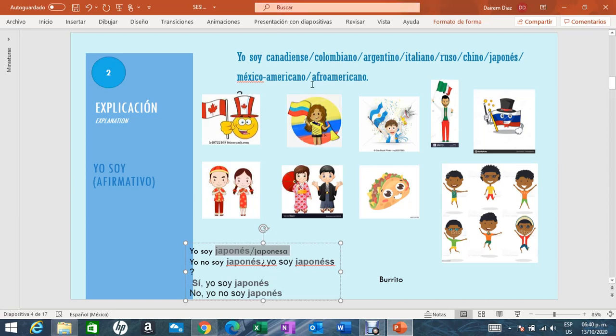So that's why I think they have all these different images here that I like, from young guys doing different activities. And then I would say in affirmative, yo soy Afroamericano. I don't know if we need a dash here. I'm not gonna put it there. I don't care. Yo soy Afroamericano.